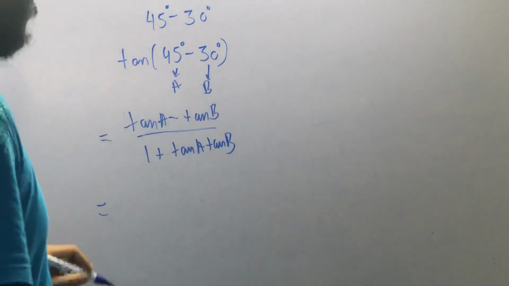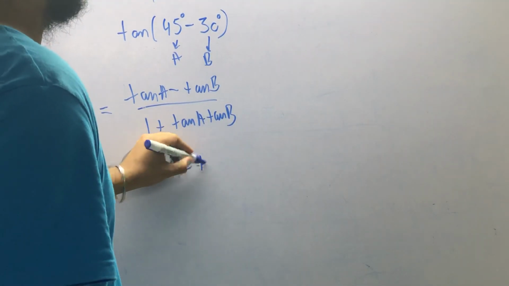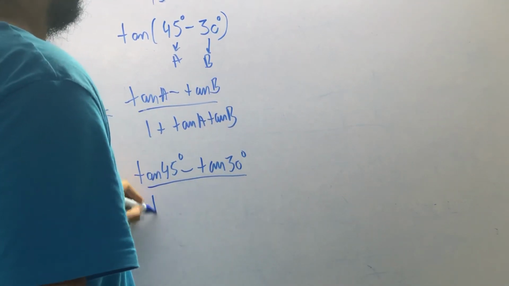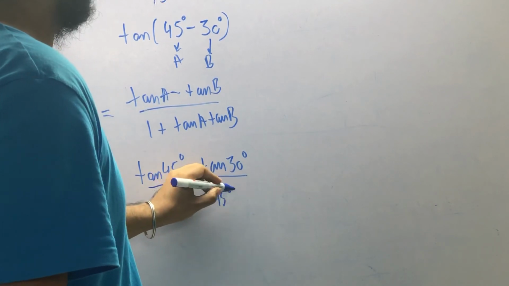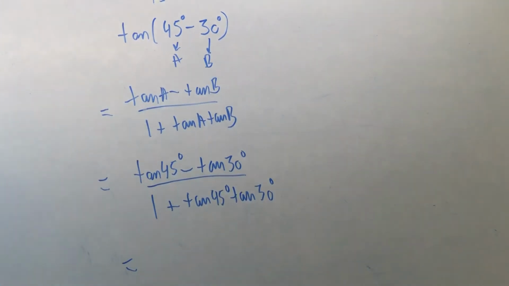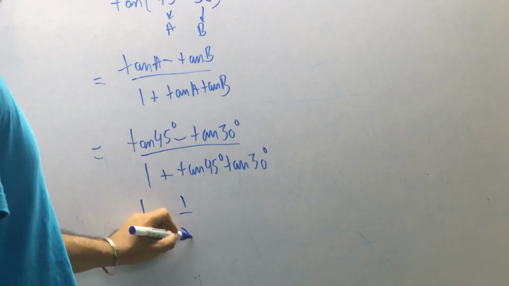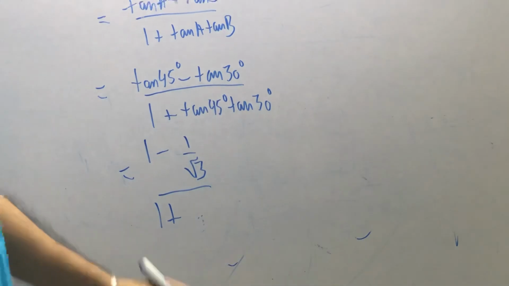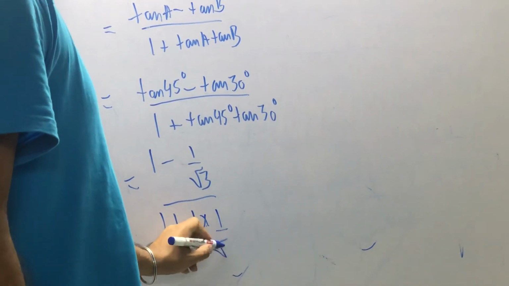Now just substitute the values. Tan 45 is how much? 1. Tan 30 is how much? 1 by root 3. Upon 1 plus tan 45, which is 1, into tan 30, which is 1 by root 3.